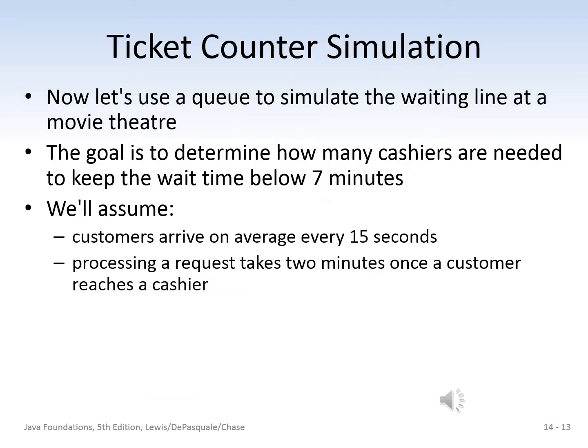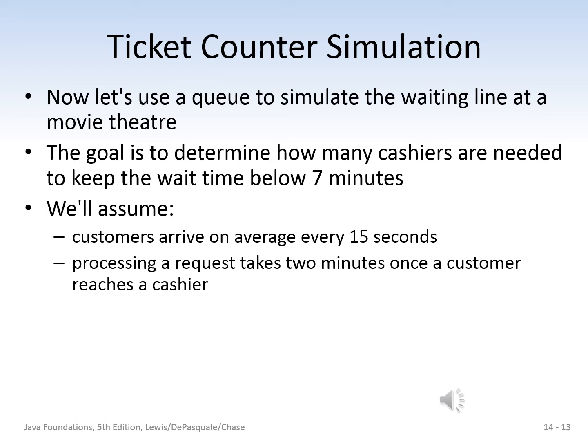Next up, we have another fun example. Well, fun for me and hopefully fun for you. We're going to use a queue to simulate the waiting line at a movie theater, and we need to determine how many cashiers are needed to keep the wait time below 7 minutes.